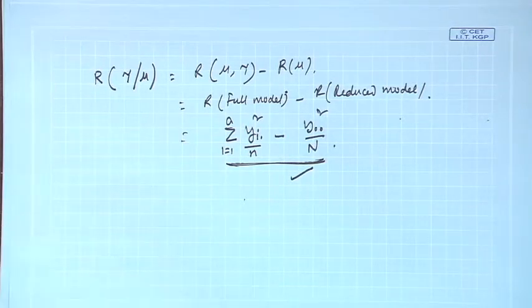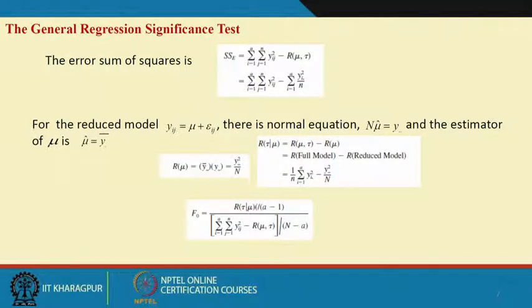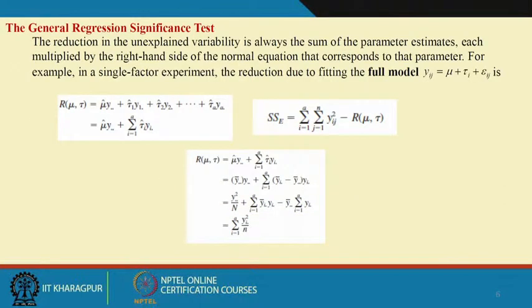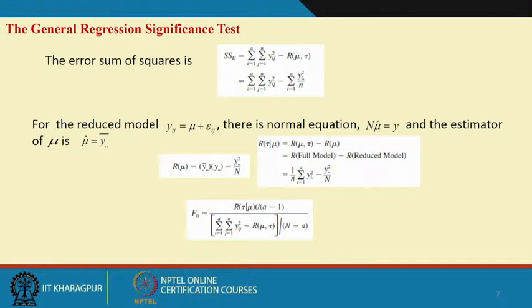Anyhow, using all those things, you got SSE using this formula, and you are getting the factor contribution, or SSR, or SS treatment, by this formula, 1 by n of this formula.